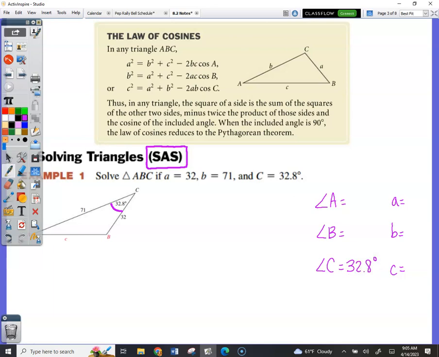I already know angle C. How do you know what side you already have? You go to the angle opposite of it that's opening up to form it. I know side B is 71, and I know side A is 32.